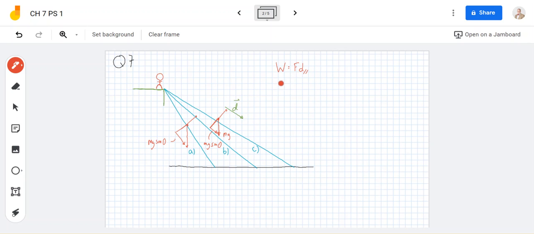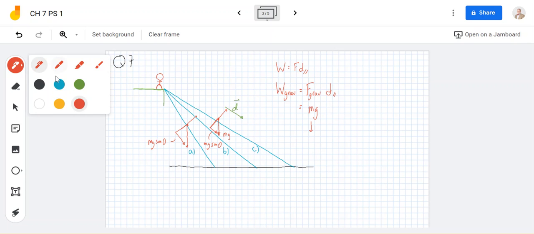We know that the work done by the gravitational force is going to be equal to the gravitational force times the distance that's parallel to that. Well, our gravitational force is mg, and this is in the down direction, so we need the distance that's in the down direction.